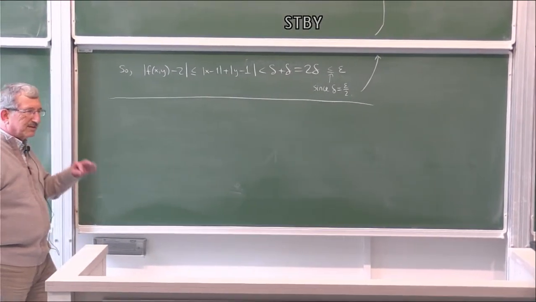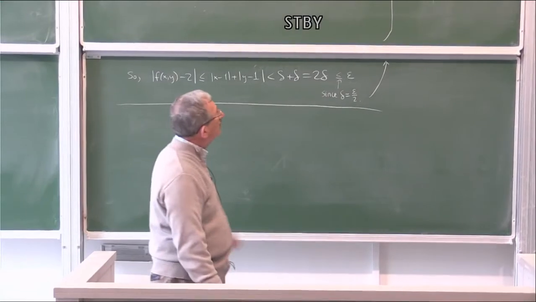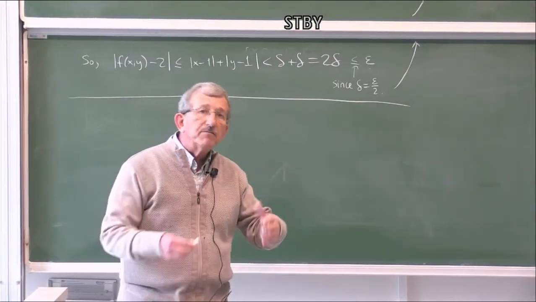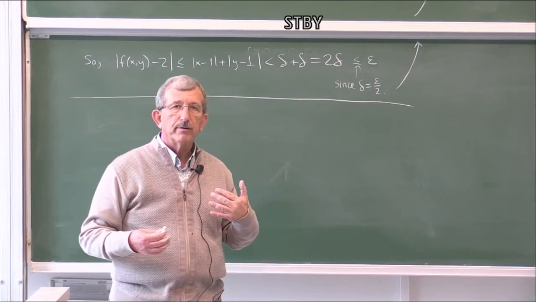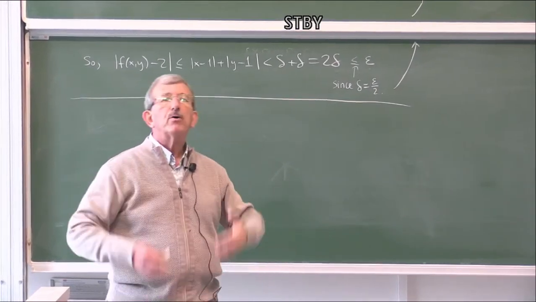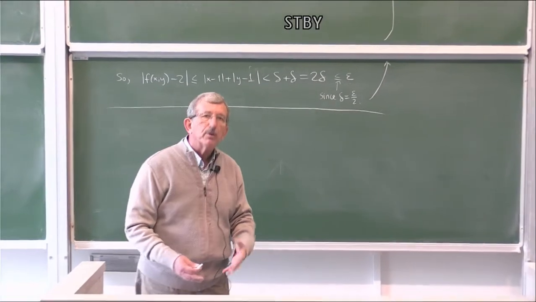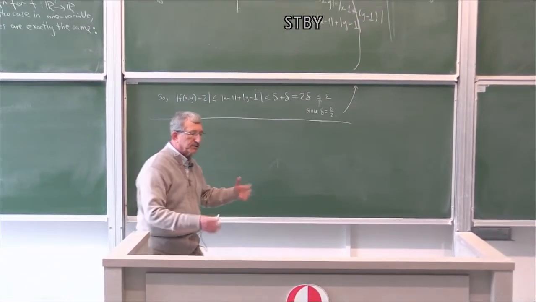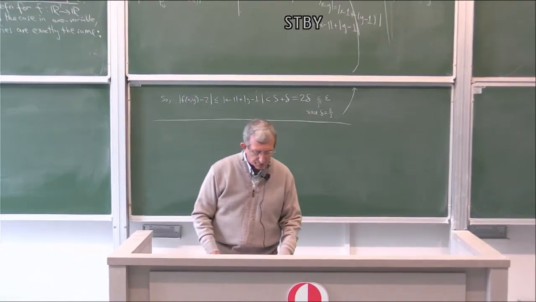So what was the difference? Well, because we have a vector distance less than delta, it gives us both x minus x0 and y minus y0 smaller than delta, and we can use it. So this is using the definition.